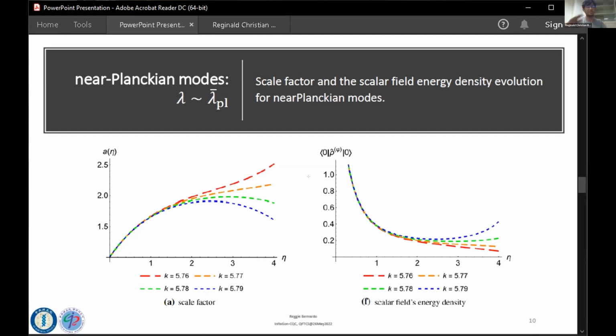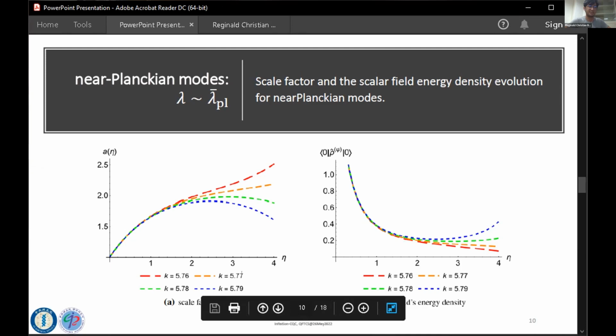Rather, it continues to collapse to a 0 value. And this is indicating the presence of this Planckian threshold, which is why I'm singling out this lambda Planck bar, with some value between 5.77 and 5.78 in the Planck units I'm considering. Anyway, the energy density, as you can see, is no longer just going to drop continuously.